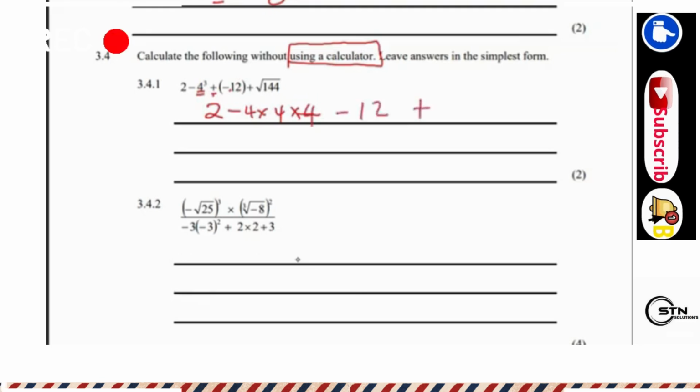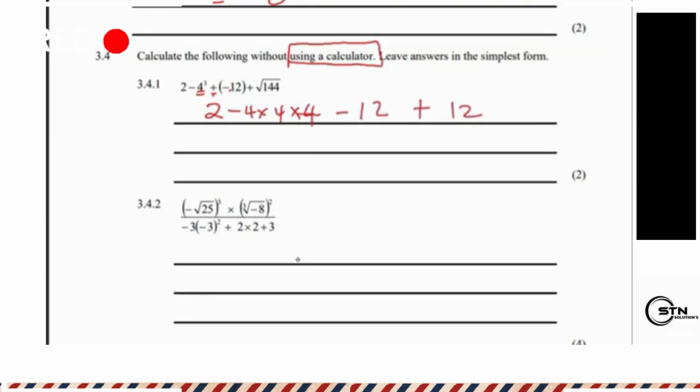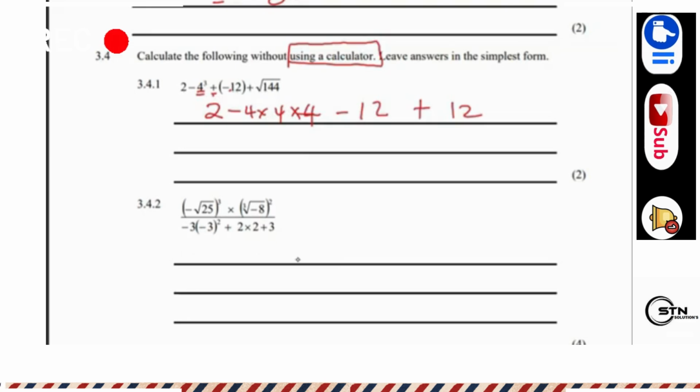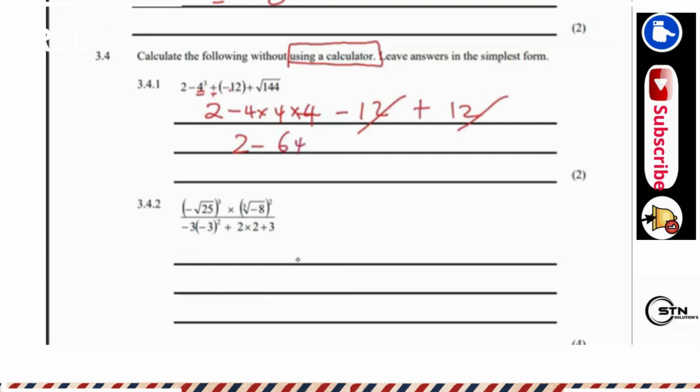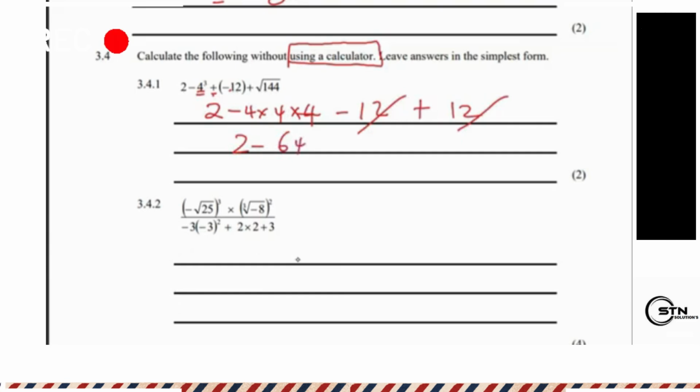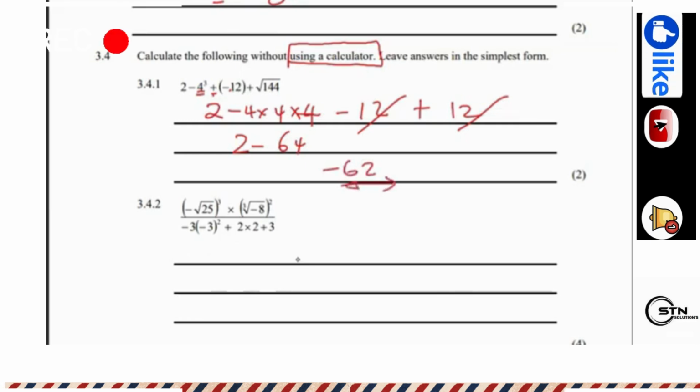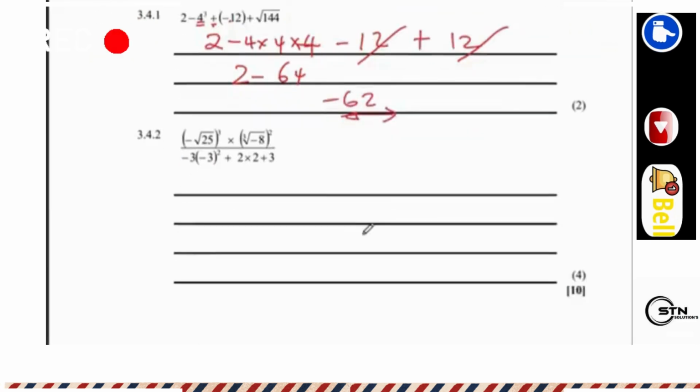And then the square root of 144 is 12. All right, pretty simple. So I know that this 12 and the -12 can cancel out. So I have 2 minus 4 by 4 by 4, which is 64. Then my question is, what is 2 minus 64? That's going to be -62. So that is how we arrive at that.